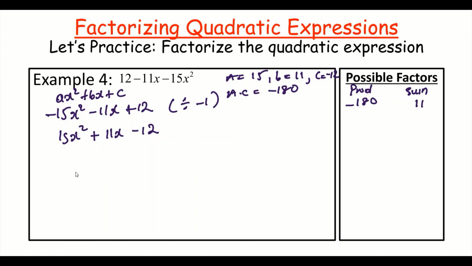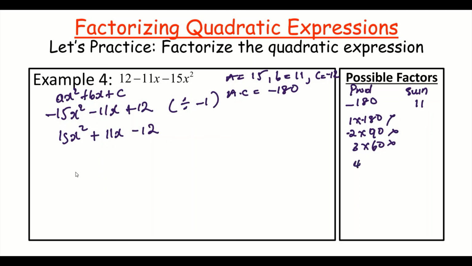What are those two? We can say 1 times 180, or negative 180, still wouldn't give us anything. 2 times 90, or 90 times 2, with a negative or positive, still wouldn't give us anything. Then we have 3 times 60, still nothing.